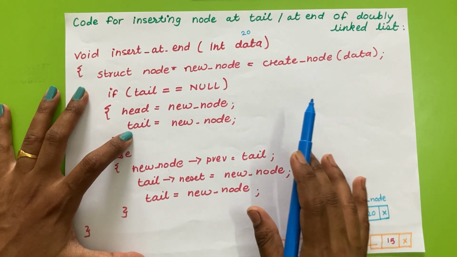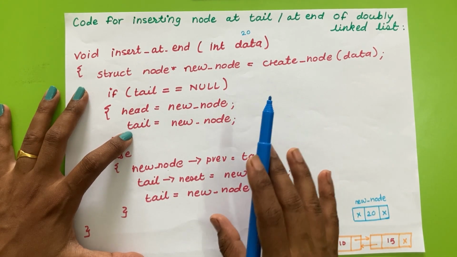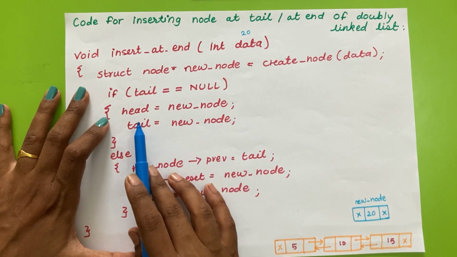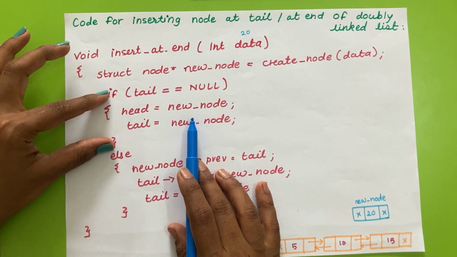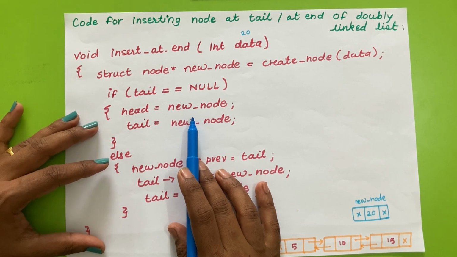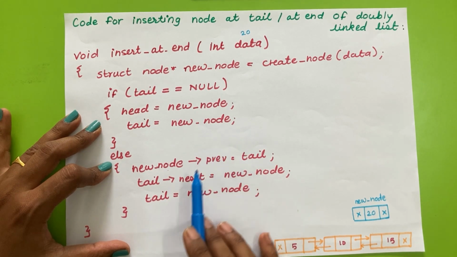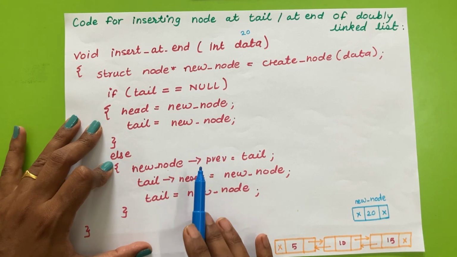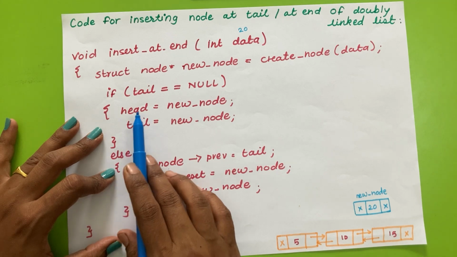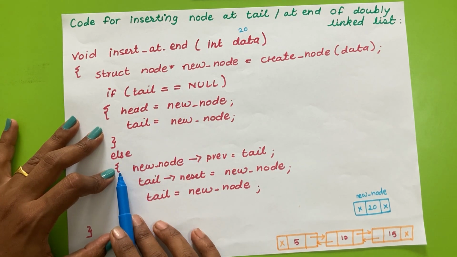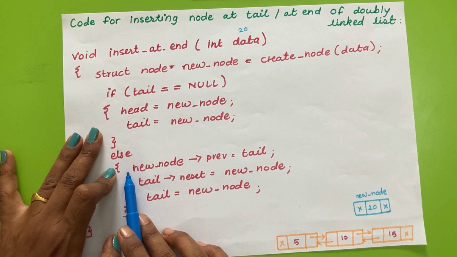So the new inserting node will act as both head as well as tail node. Okay, so this will be the condition. If this is not the condition, then it will go to the else part.